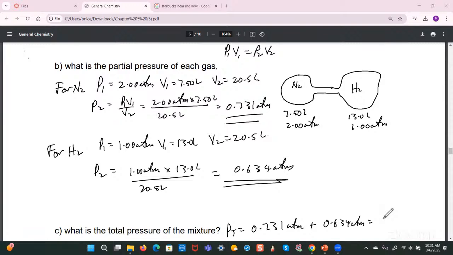So according to my calculation, this works out to be 1.365 atmospheres. That's it. That's where you get the C part. All right. Any questions? Okay. Is it okay for me to clear this?